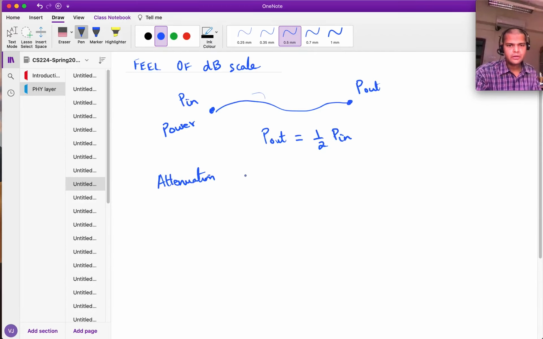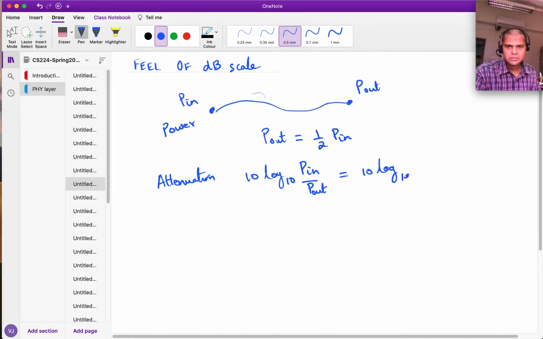So remember, in power it is given by 10 log to the base 10 P in by P out. And if you are taking ratio of amplitudes, you need to make it 20, right? So anyway, this is going to be 10 log to the base 10 of 2. Okay. So log 2 to the base 10 is roughly 0.303 or something like that, right?